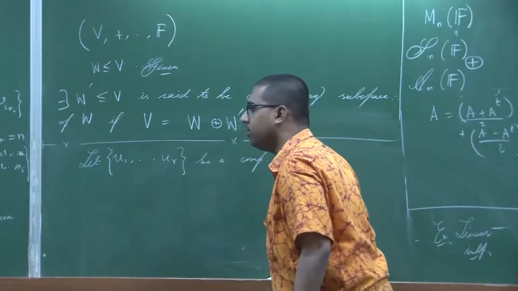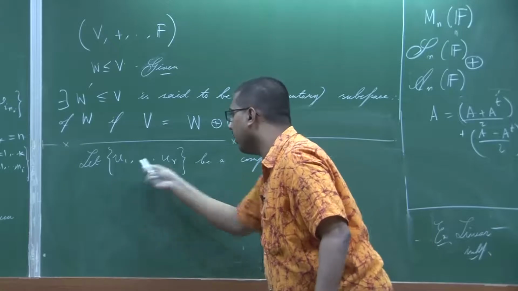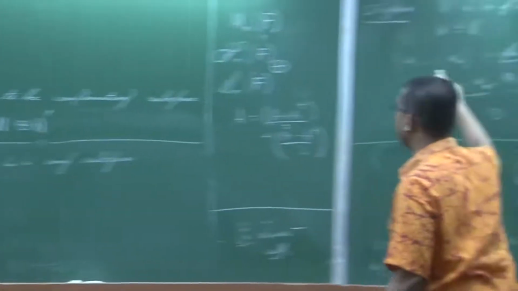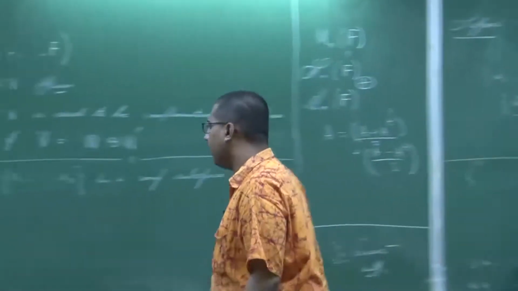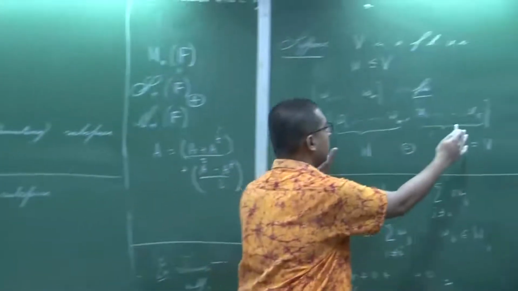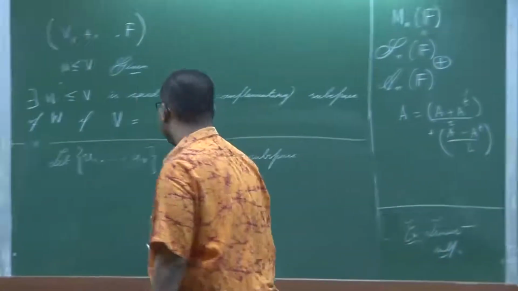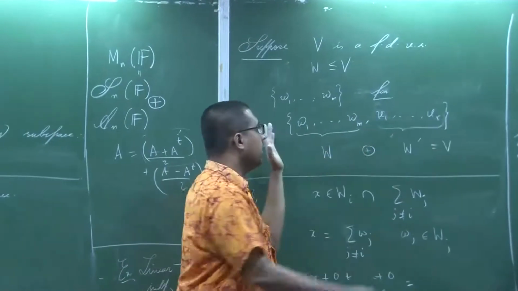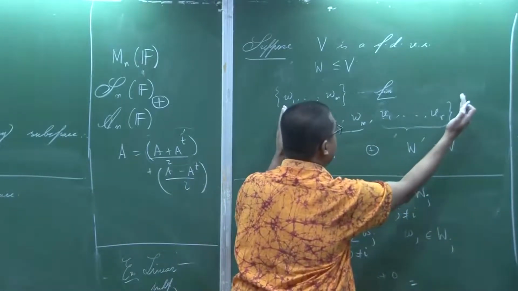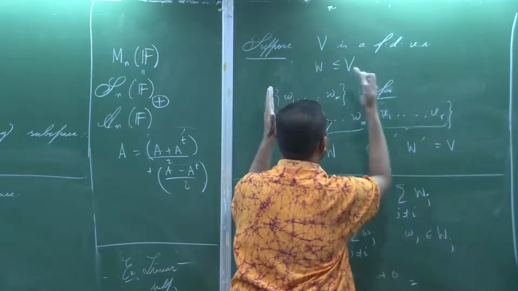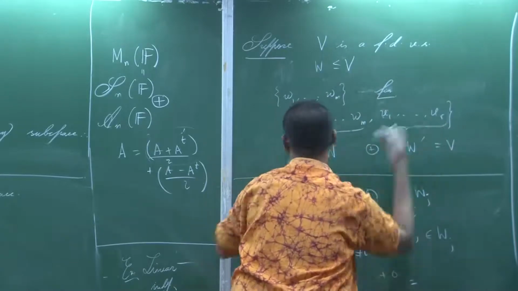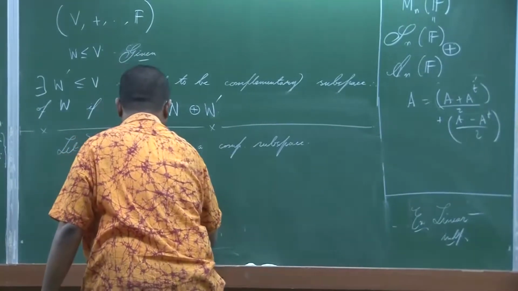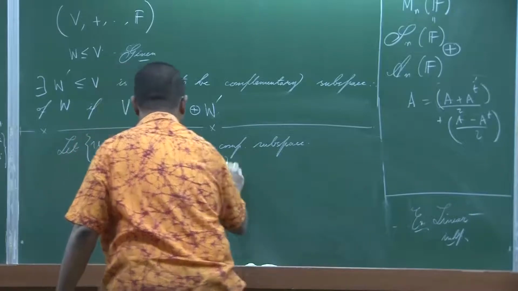Whenever I have a complementary subspace, I add the basis of the subspace to the fixed basis of W and get a basis of V. So, from the earlier discussions, since w1 up to wm together with these vectors is a basis of V, this is an extension of the basis of W to a basis of V, then u1 plus W up to ur plus W becomes a basis of V mod W.